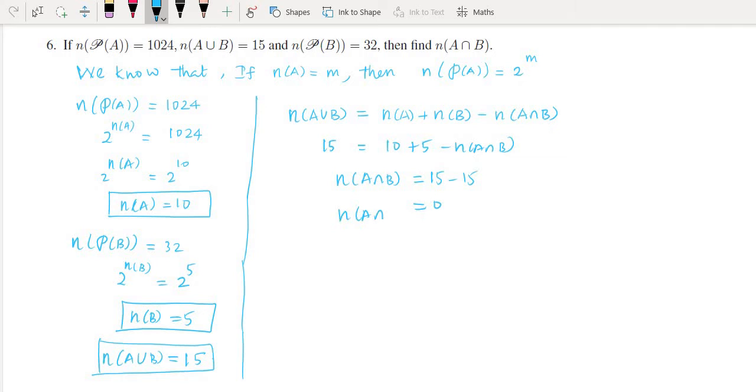So we don't have any elements in common for these two sets A and B.